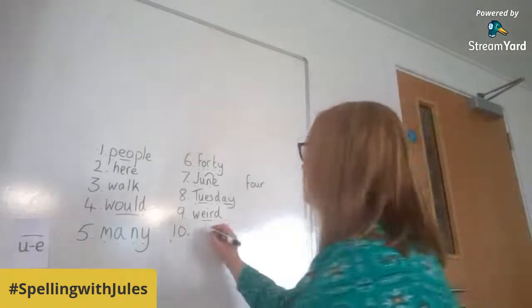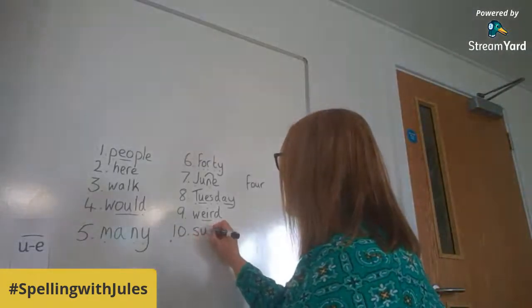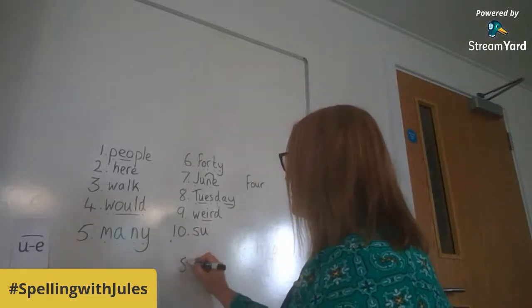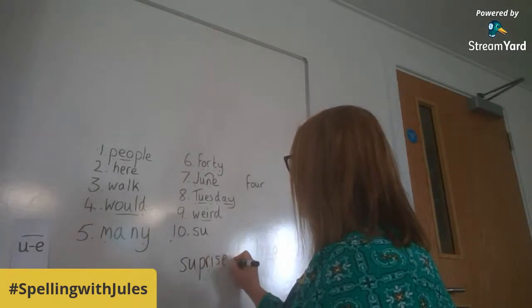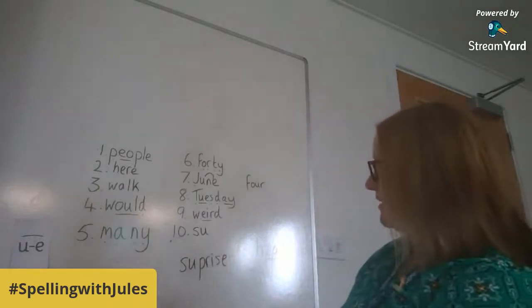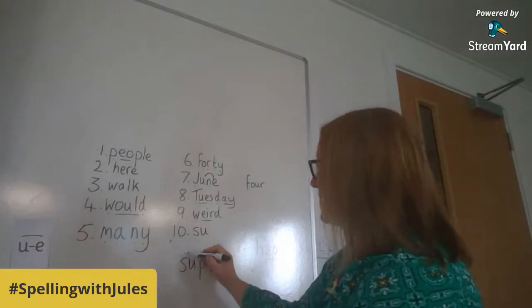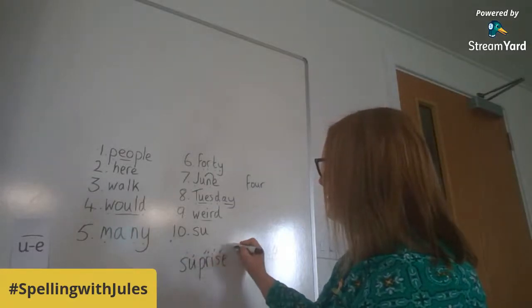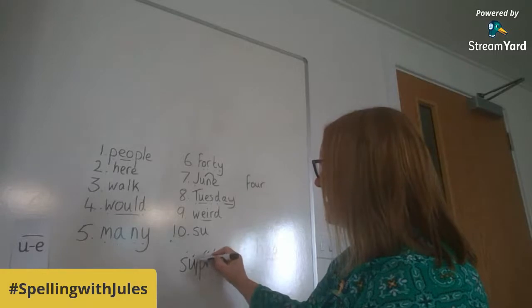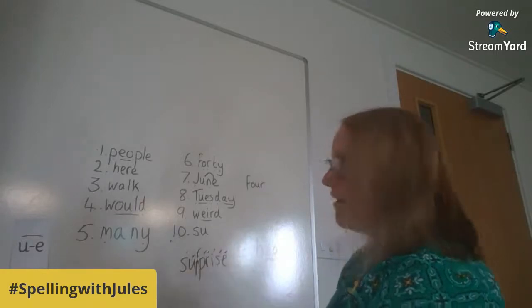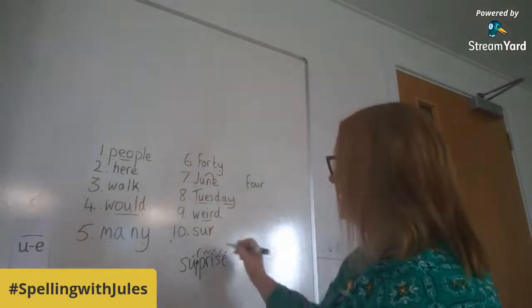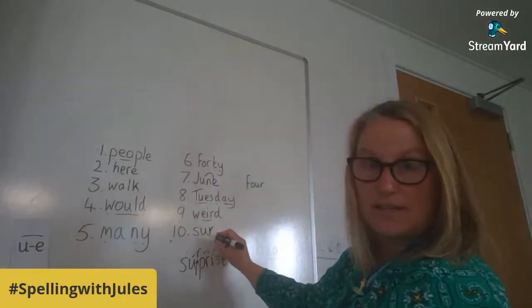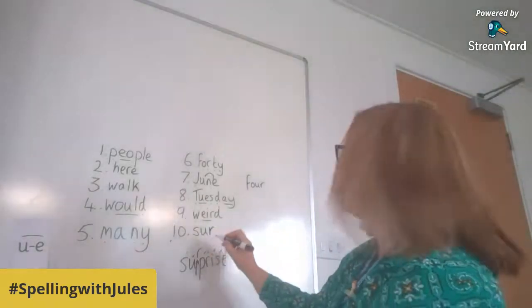And 10, this is one I used to spell wrong when I was a child, because I thought surprise should be spelt like that. Okay, what am I missing? So I can tick all those, but I need to fix here because there's another R. Surprise. Sir, and not the spelling of sir as in sir and miss in school either.